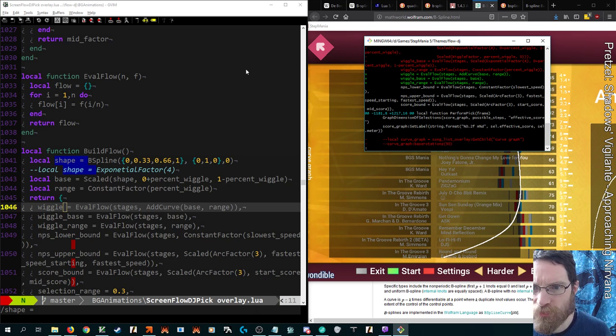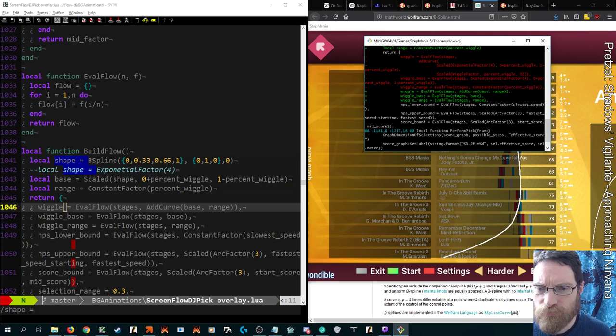Eval curve, add curve. Wiggle base. Constant factor. Oh, exponential factor. Wiggle factor. So we lost an add in there.